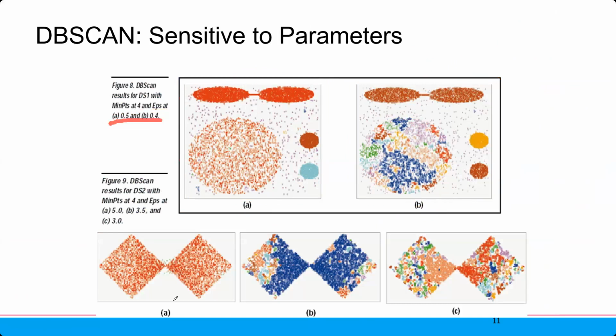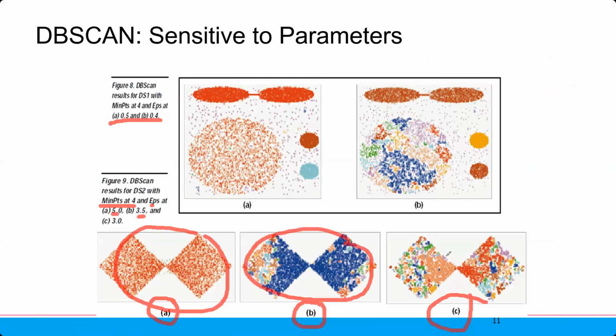Now, you can see also from these figures A, B, and C. This is a DBSCAN result with the minimum points 4 and the EPS 5.0 for this one, and this is 3.5 and this is 3.0.